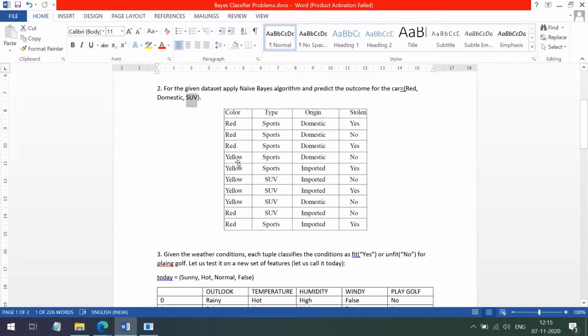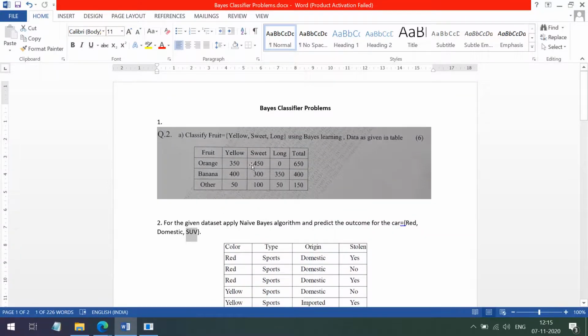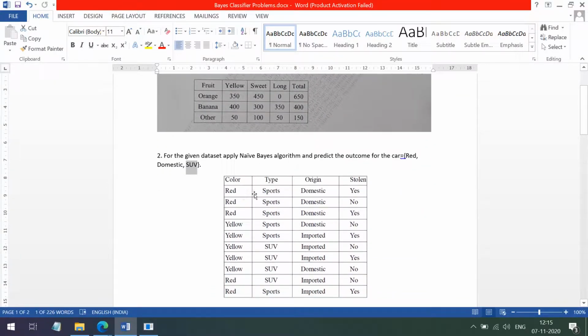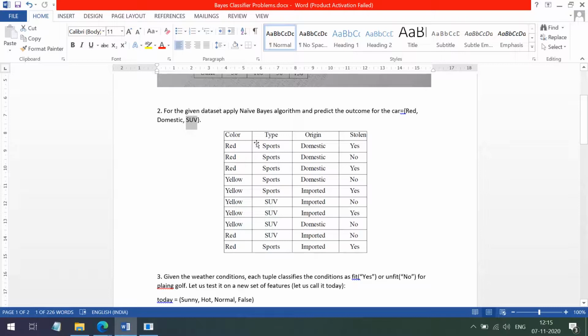And this is the given data. Here the numbers were provided, and the individual instances are given. So what are the features here? Color, type and origin. And what are the class labels? Yes or no. So here we have only two classes.